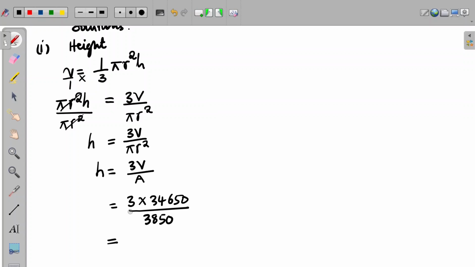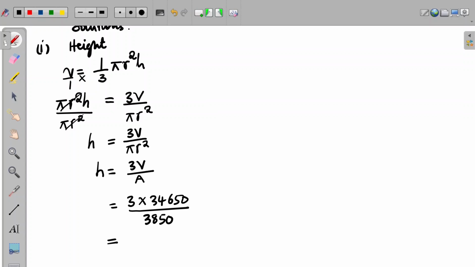Now let us do the multiplication. It's just that I'm doing it on my phone. I'll say 3 times 34,650 equals that answer found divided by 3850.